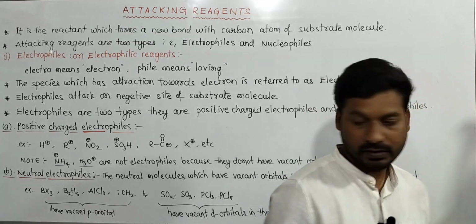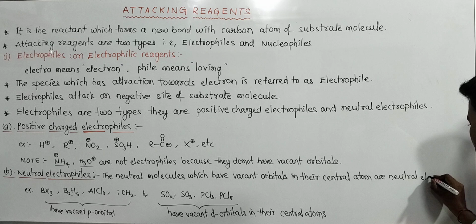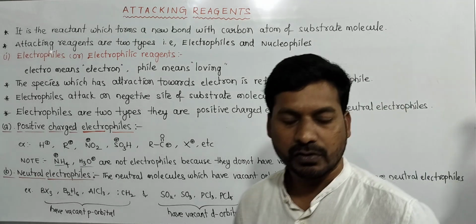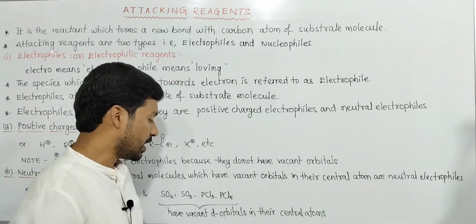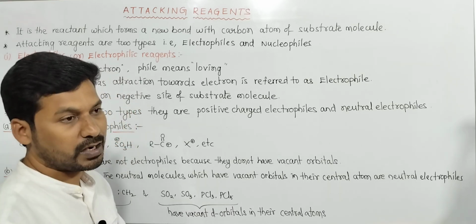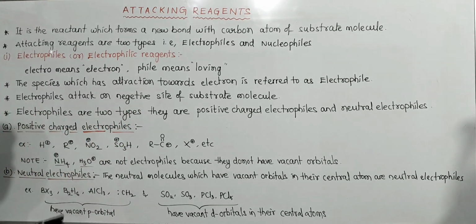The molecules in which the central atom carries a vacant p orbital are electron deficient molecules, and they have a vacant orbital to accommodate electrons, so they are electrophiles.